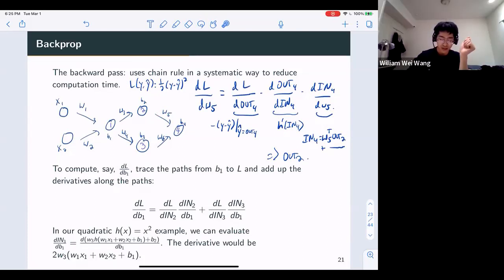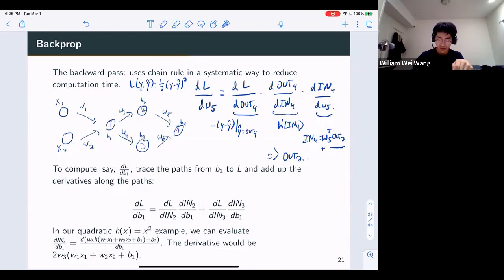If you want B1 to get to L, you notice that B1 travels along different paths, right? B1 is mentioned along this path because it's in the input 2, but it's also in input 3, if you look at the equations for input 2 and input 3. Because B1 travels through different paths, in order to evaluate the gradient with respect to B1, you need to account for all those paths.